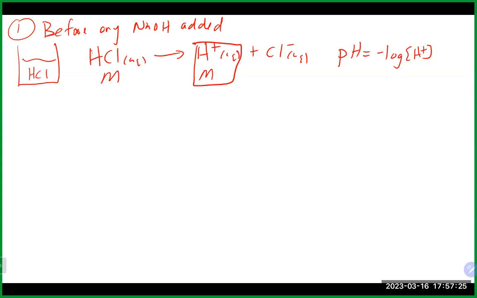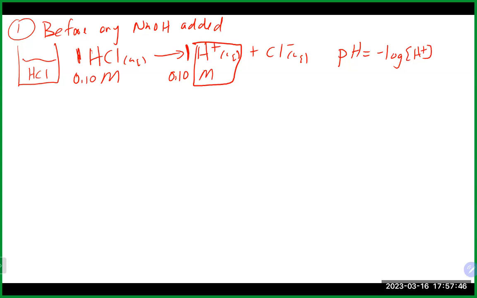You would in this case, because in terms of concentration, for example, let's just say that this was 0.1 molar. It is a 1-to-1 relationship between these two, which means the molarity of the H plus would also be 0.1 molar. That's how concentration works. If it breaks apart into a 1-to-1 relationship, it's the same.